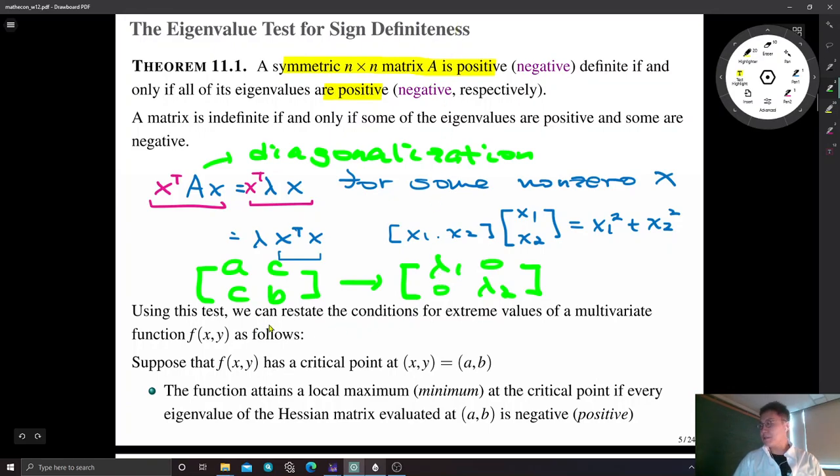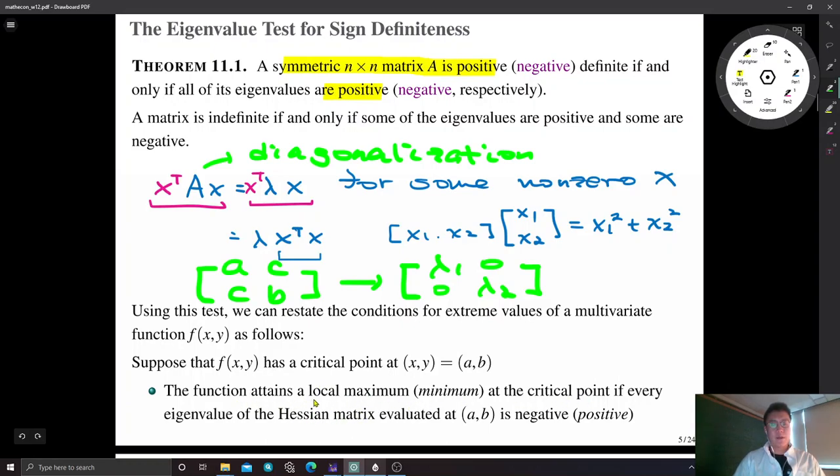All right, so using this test, we can restate the conditions for extreme values as follows. For a function f to have an extreme value at point (a, b), the two partial derivatives should be equal to 0 at this point. And now using this eigenvalue test, we can restate the second order condition.